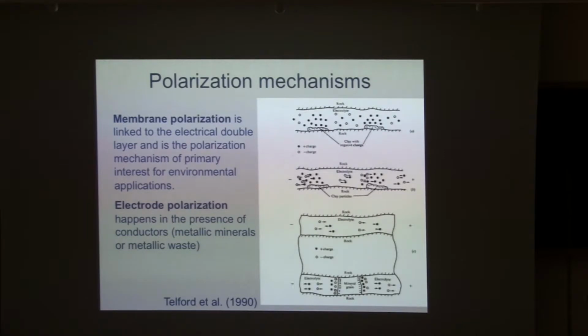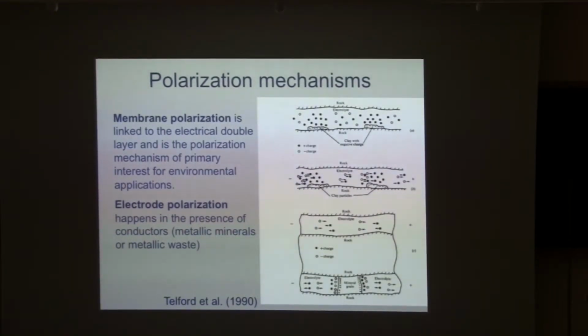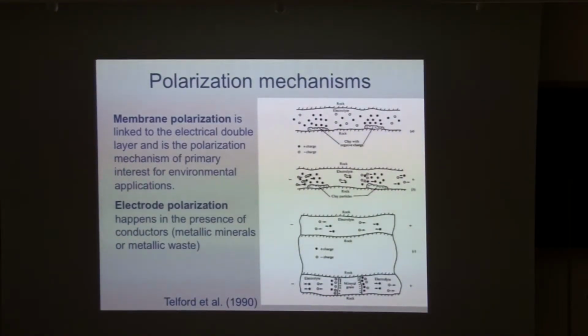So you will get a charge build up, a concentration of positive or negative ions in, for example, pore constrictions, or on a grain. When you have a current going, you might have a polarization of the grain. So the positive charge will move to one side of the grain, and then it will diffuse back when you stop the current. And this is partly responsible for the IP effect.